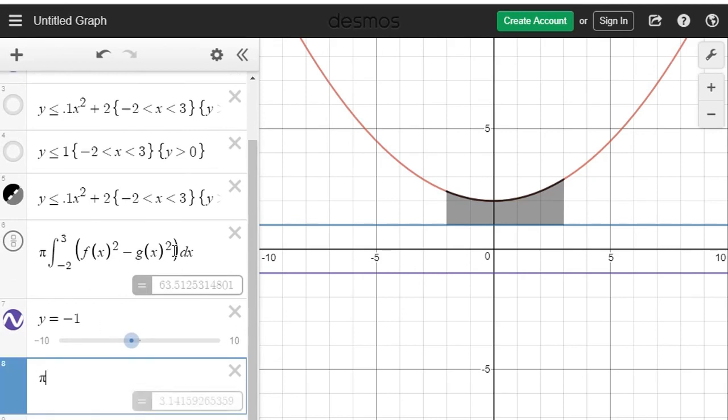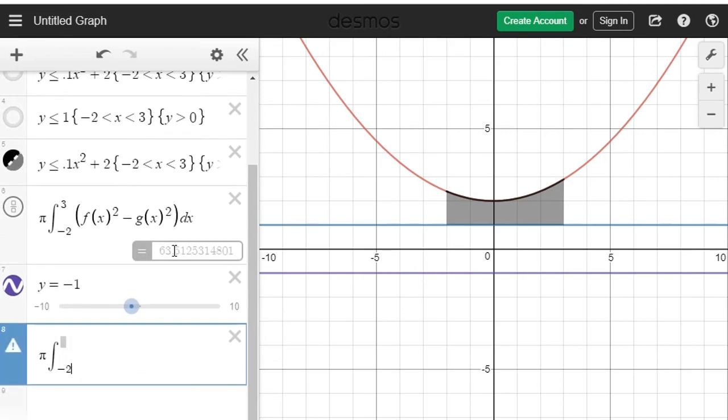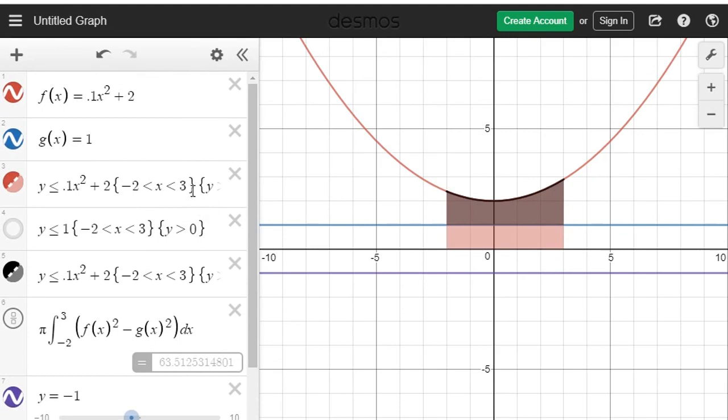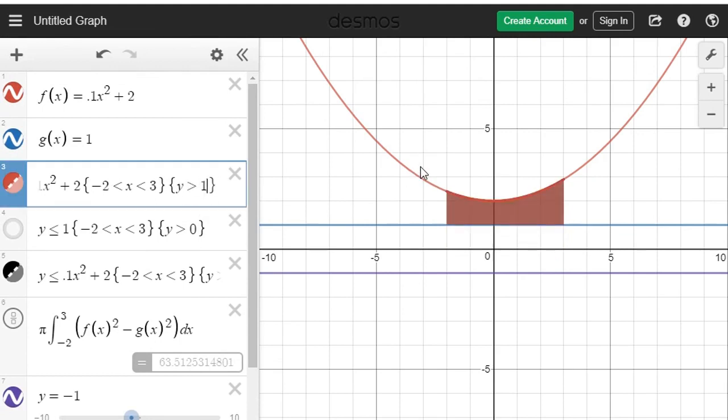And so that's going to be pi times the integral from -2 to 3. And this is where we have to really be careful, because my big radius is now no longer the length of f. It is now the length of f plus 1.